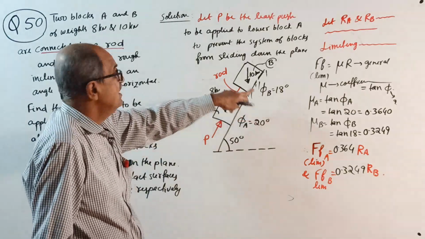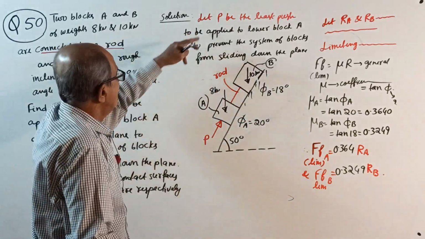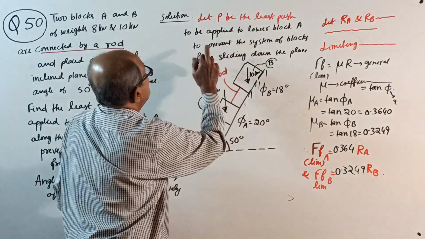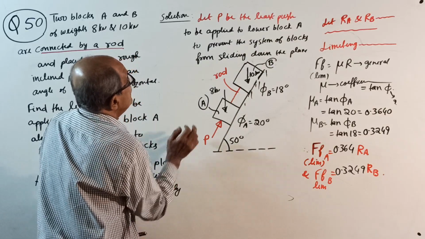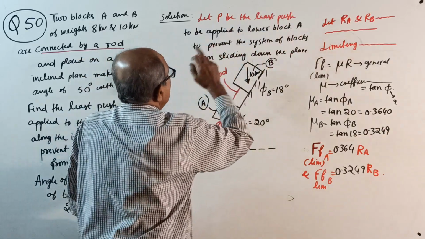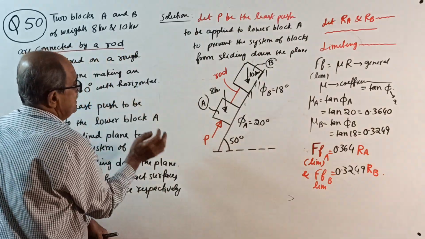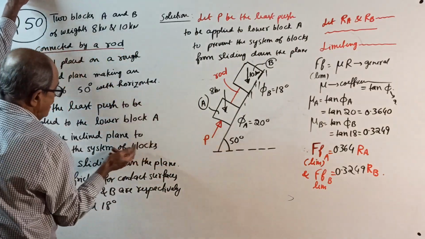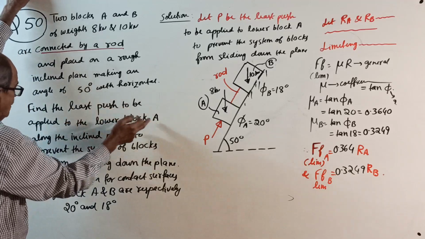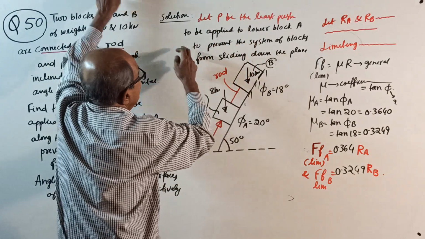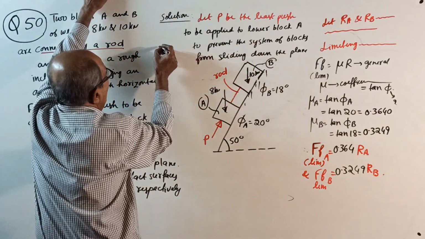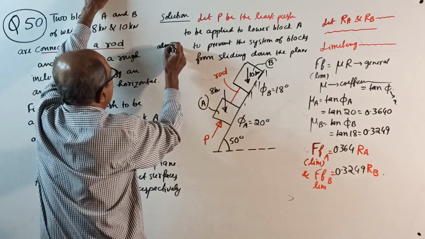Sketch you are writing by seeing the words. Let P be the least push to be applied to the lower block A, along the plane. See, the question only they told. Least push to be applied to the lower block A along the plane, this way. You can write here, push P, along the plane, okay.